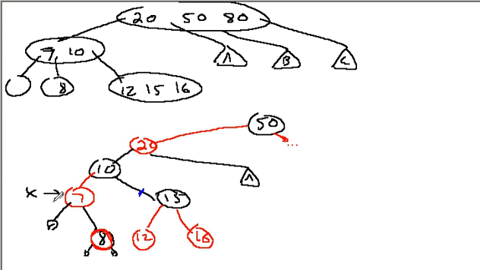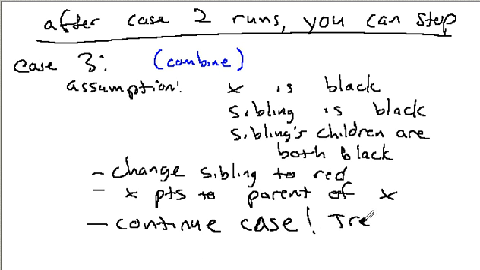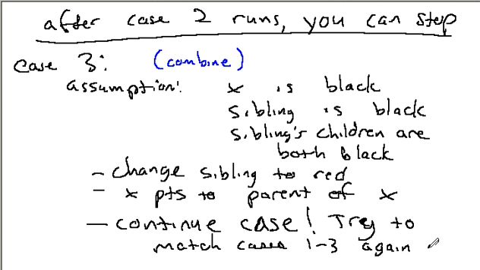However, you say, wait a minute, you got 2 red nodes in a row. You've made 8 red, and so you've got 2 red nodes, and you're right. We need to fix this. And so this now is a continue case. Try to match cases 1 through 3 again with the new x.